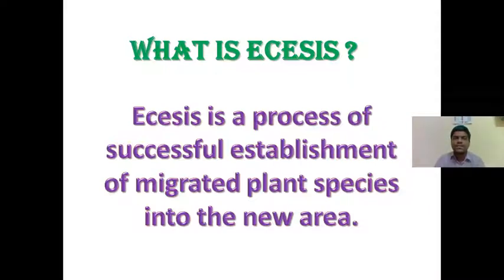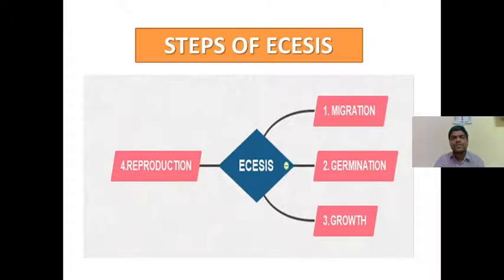Now, we will see details of this process known as Ecesis. So, steps of Ecesis. How exactly does the process of migration or Ecesis take place? Here a small mind map is given, you can see it properly. The blue color is Ecesis, and the process of Ecesis takes place in four phases, and I have given 1, 2, 3 and 4.